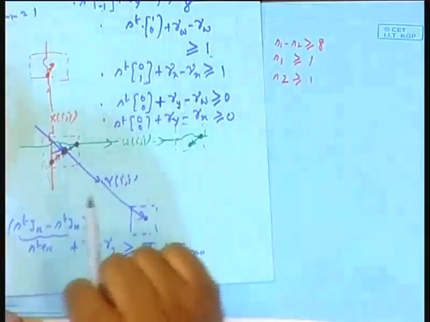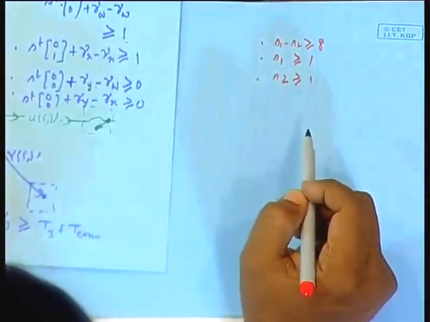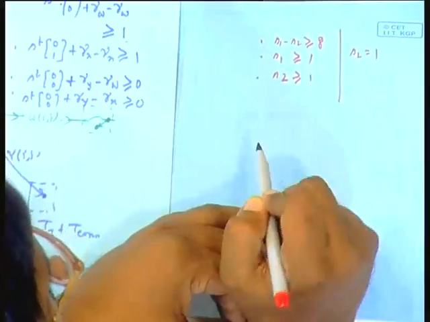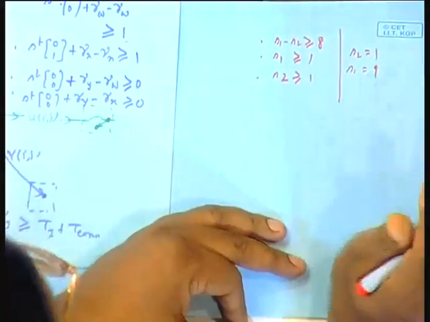So, out of these two equations, you say let us choose S2 equal to 1, S1 equal to 9, that is fine.